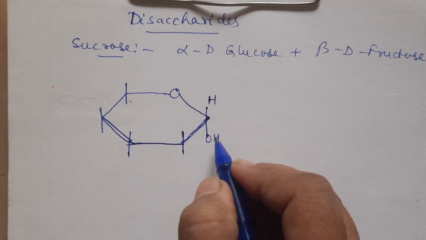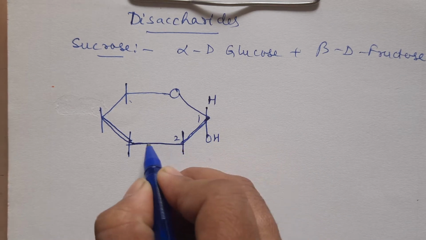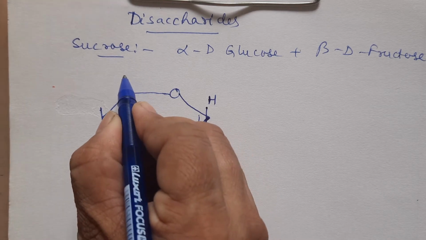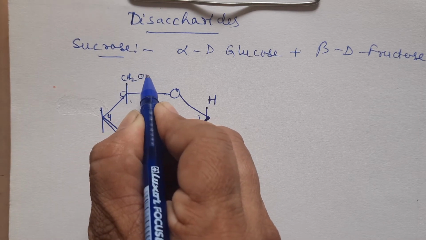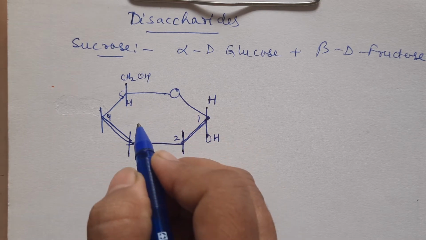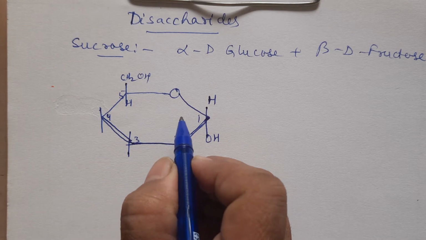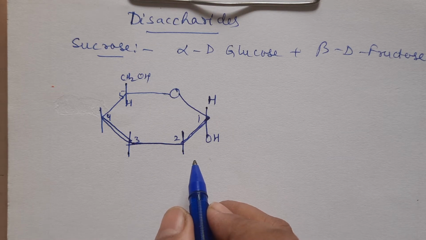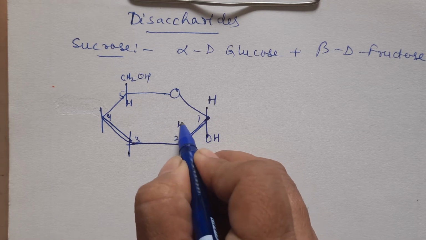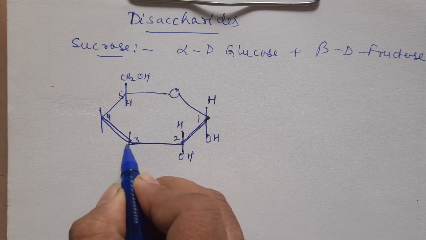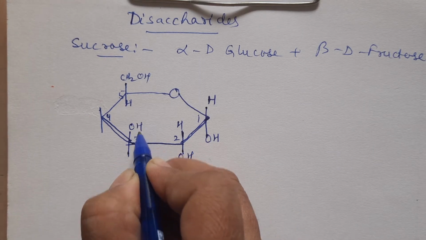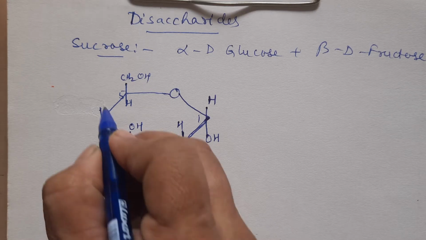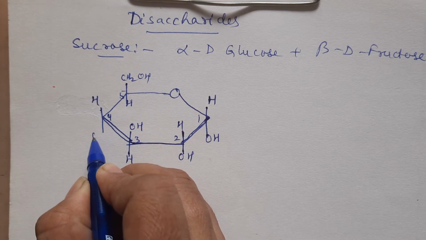We can number these carbon atoms, right? 1, 2, 3, 4, 5, and the sixth carbon atom is here, CH2OH and H. If you remember that, whatever things were on the left hand side in the Fischer projection are above, right? So we'll complete the remaining things. H, OH, only on the third carbon atom OH is on the top, rest all OH are down, right? This will be H and OH.